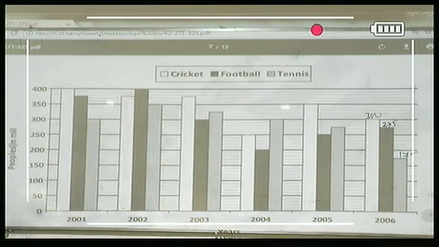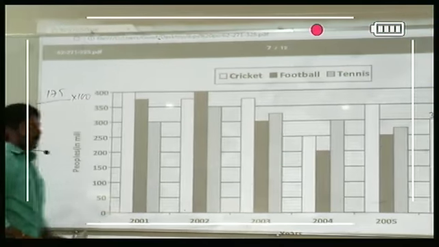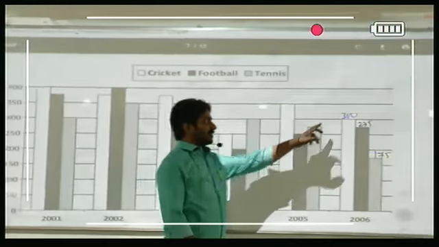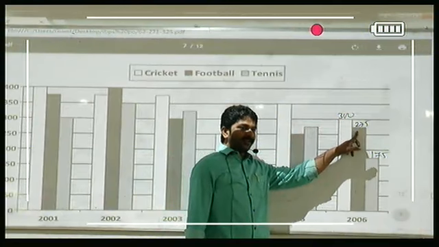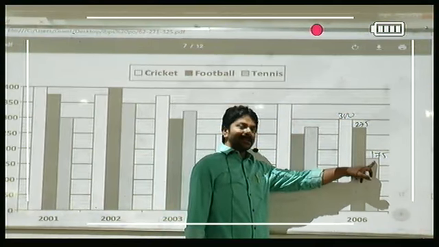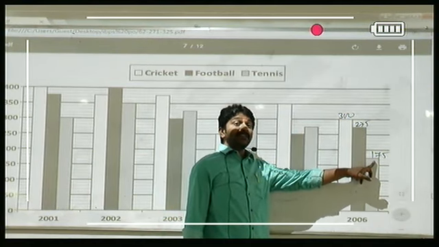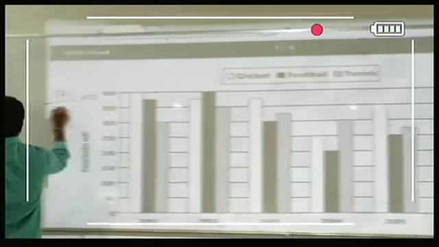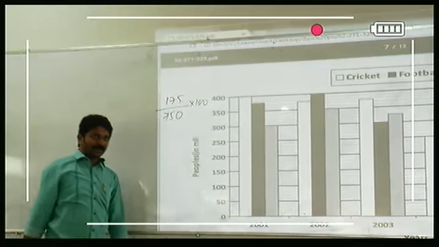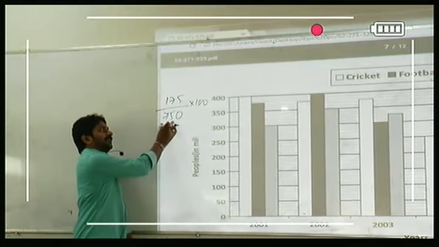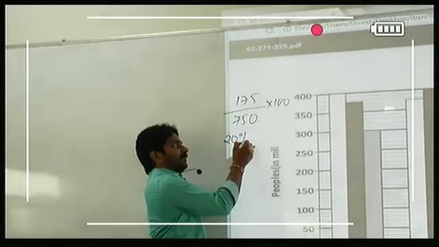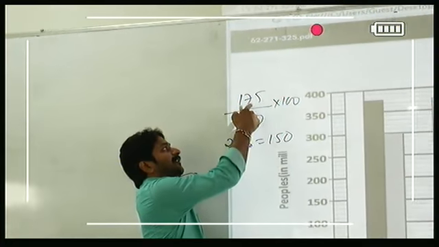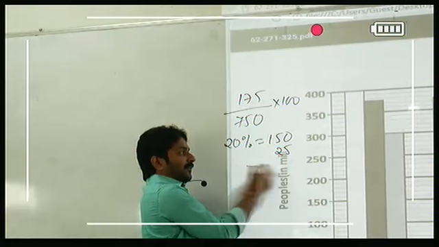And now you're asked about percentage. 175 as a percentage with respect to the three numbers together: 300, 275, 175. Total 750. Now 175 is what % of 750? This is what you need to calculate. 10% is 75. 20% is 150. Still you need to add 25.